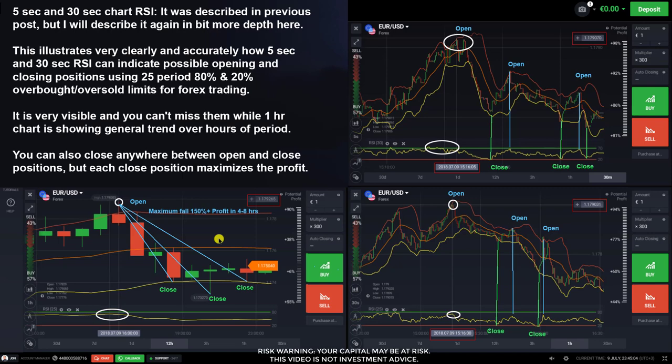You have to really closely watch these RSIs I'm showing you here, and you have to close or even open right at the right moment. Otherwise, the candle will move forward, either going up or down, and you lose that momentum. So this is something very important.